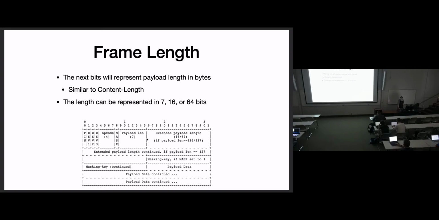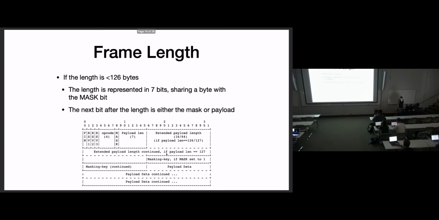Now this payload length might have more bytes to it. So if the payload is less than 126 bytes, so if it's not 126, it's not 127, then we know it's less than 126, and in that case, that's your payload length. That's it.